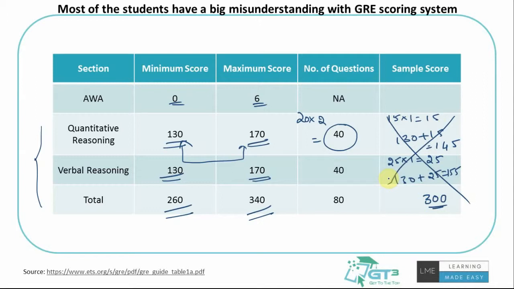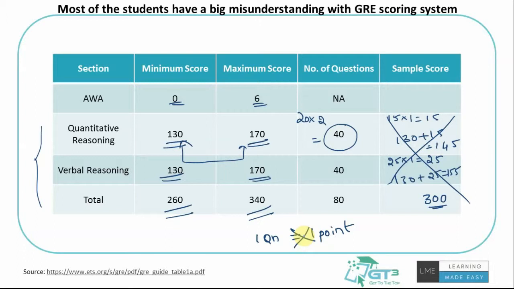We'll discuss that later, but the most important thing you need to understand is this. Each question is not equal to the point that you will get in the GRE exam. That's not correct. It's true that you don't have negative marking in GRE, so that's not going to affect your score in a negative way.